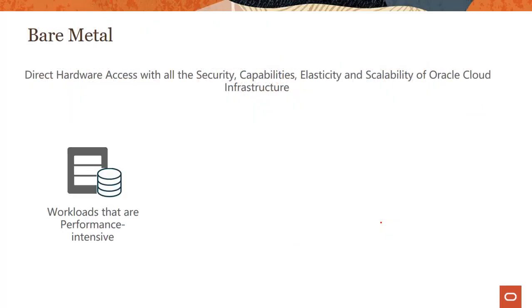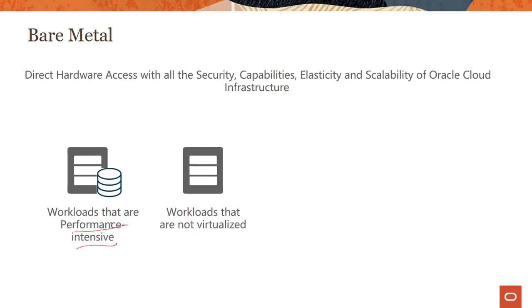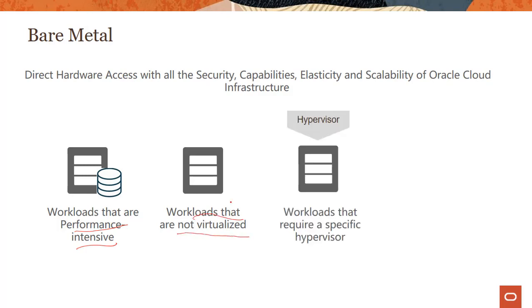So what are the use cases for bare metal? Well, anytime you have the highest security requirements, or the highest scalability or performance requirements, you would use a bare metal machine. So the first thing is, if you have performance intensive apps, probably you would go with bare metal. For workloads which are not virtualized, and there are still lots of workloads like those, you would of course go to bare metal.